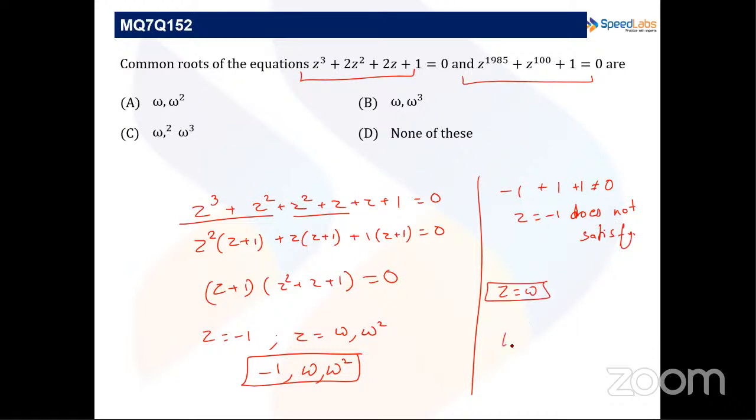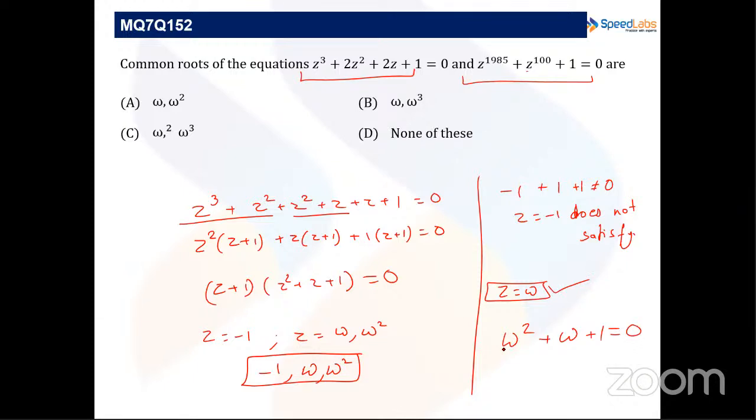So here we are getting omega to the power 1985, and we take the exponent modulo 3, leaving omega square. Similarly, you will be getting omega in the other term, plus 1, and we know that omega square plus omega plus 1 equals 0, so omega is satisfying it.